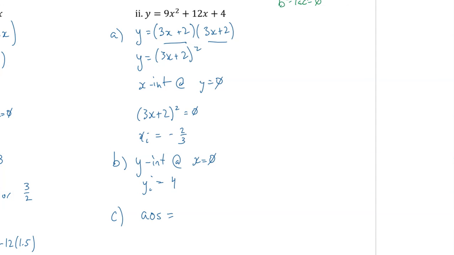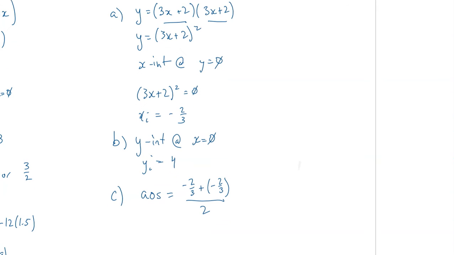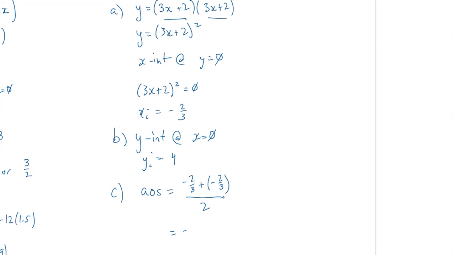You could think of it as use the two roots. So both roots are negative 2 over 3. And then add them together and divide by 2. But what's the middle of a number and itself? It's just that number. Are we following this, or am I going too fast here?